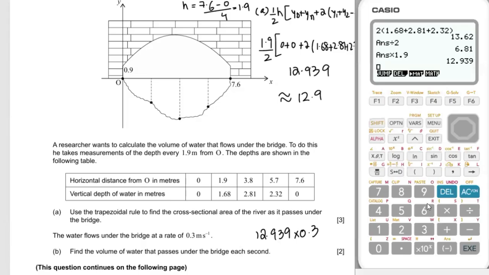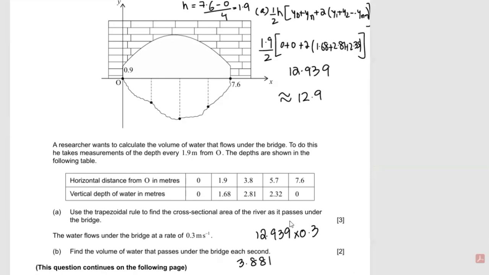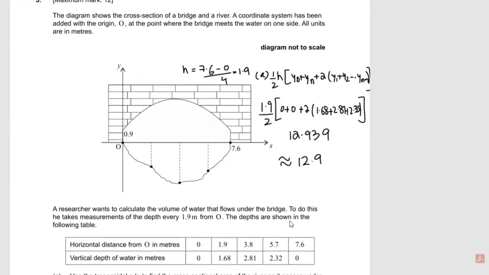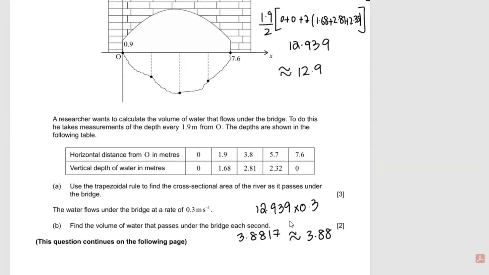Every second, 0.3 meter of water passes, right? So keep that in mind, and this is going to be 3.8817, which is approximately 3.88. This must be meter cube per second, or you can say meter cube second inverse.